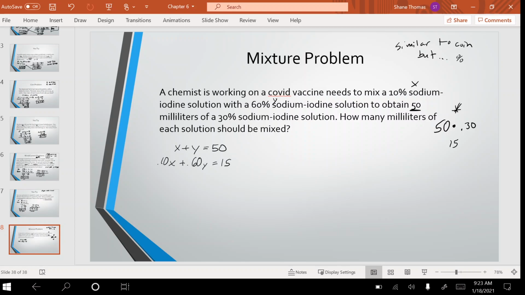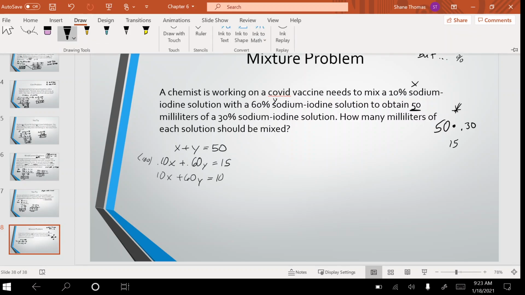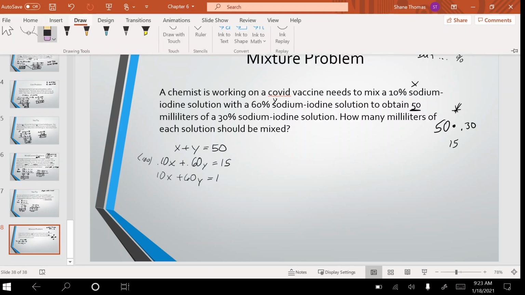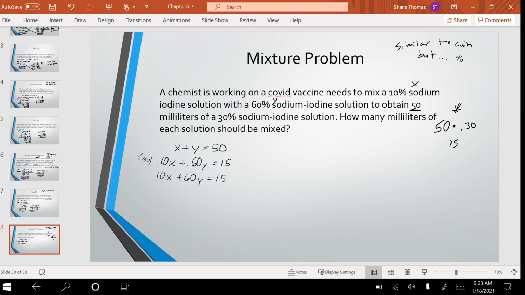I don't like those decimals again, so let's multiply by 100. Multiply by 100, now I'm looking at 10x plus 60y equals... ooh, I can't write... 1500. Okay? Now you want elimination or substitution. I think elimination looks pretty good here, don't you?